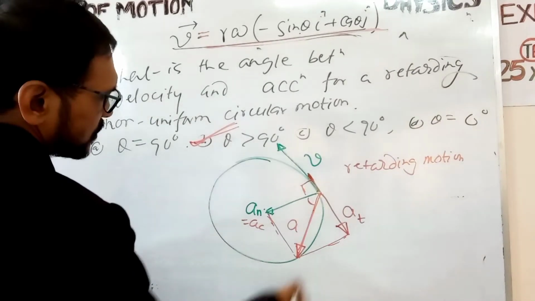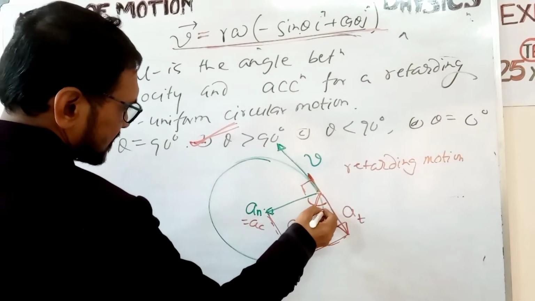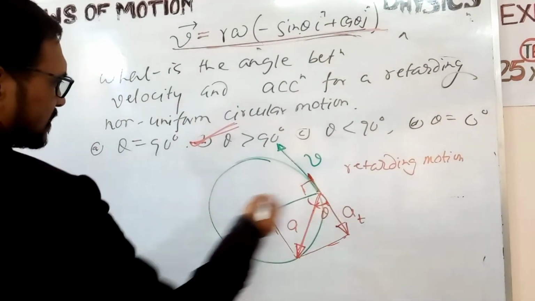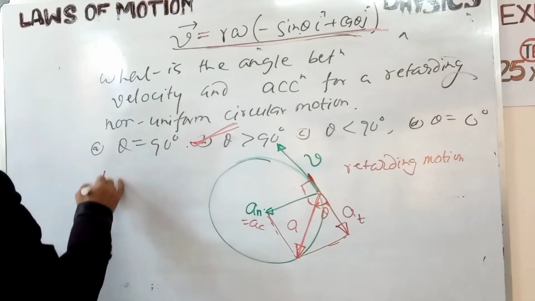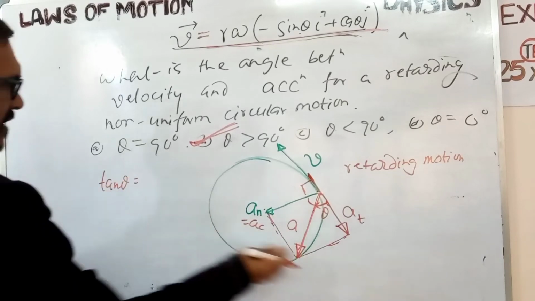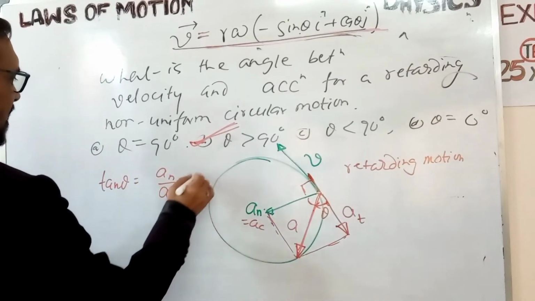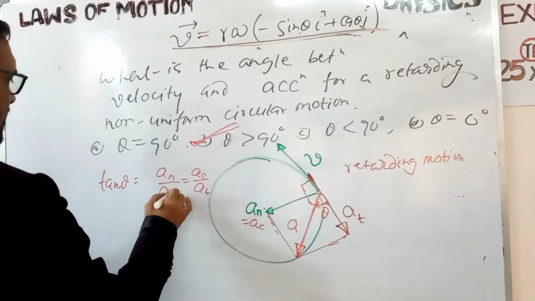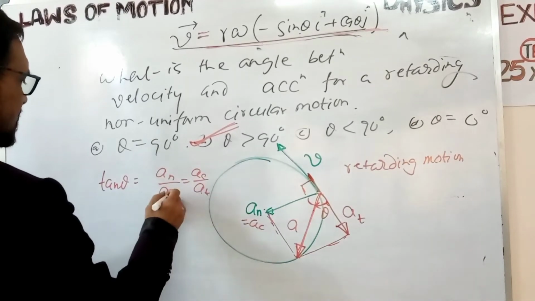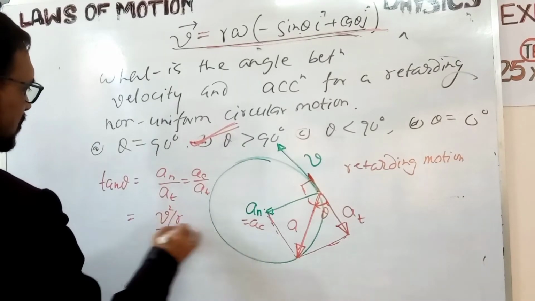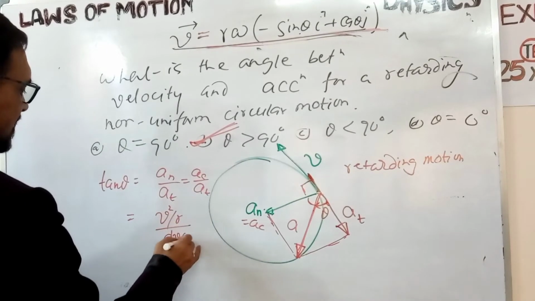And if we calculate this angle theta, then tan theta equals, again, AN by AT, that is AC by AT, same thing, AN and AC are the same. So AC by AT, which equals v square by r divided by dv by dt.